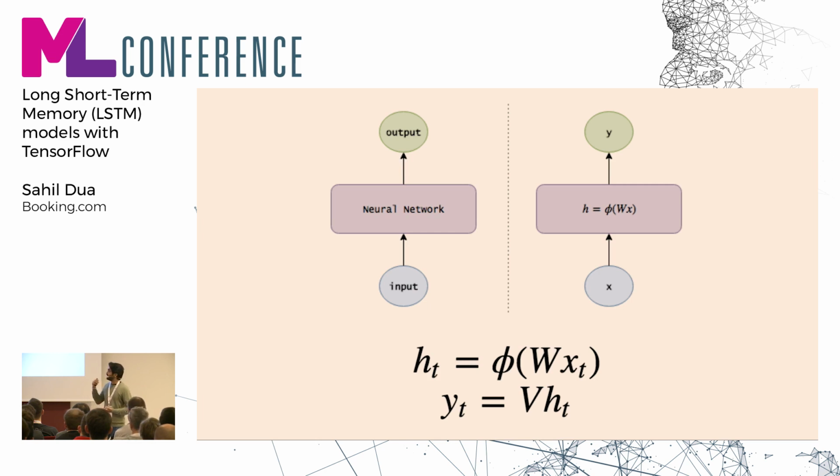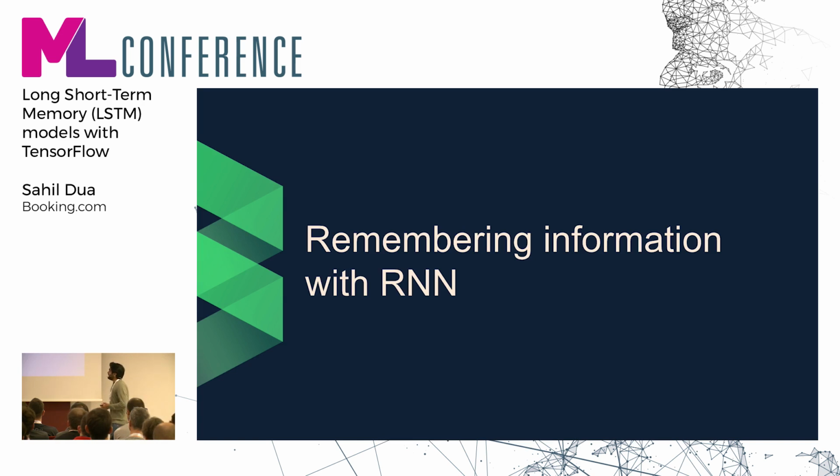We have some W matrix, which is the weight matrix connecting the input units to the hidden units, and you apply a sigmoid or any activation function, and that gives you the activations for your hidden layer, which is H. And so on, you take the output by having another weight matrix, V, which connects your hidden units to the output units, and you get your output as a probability of that photo being any of the options that we have, if it's classification, or if it's regression, based on that. So this is not cool.